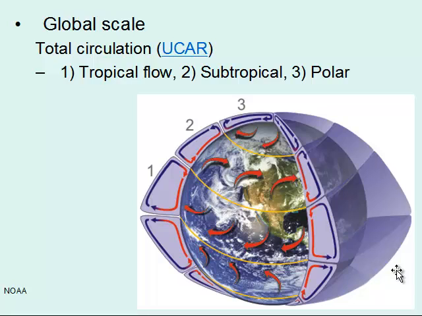We also have global circulation patterns. Again, I have a link that you can visit to check this stuff out in more detail. These involve the entire globe. There are 3 different circulation patterns that have developed. The first one is tropical flow.